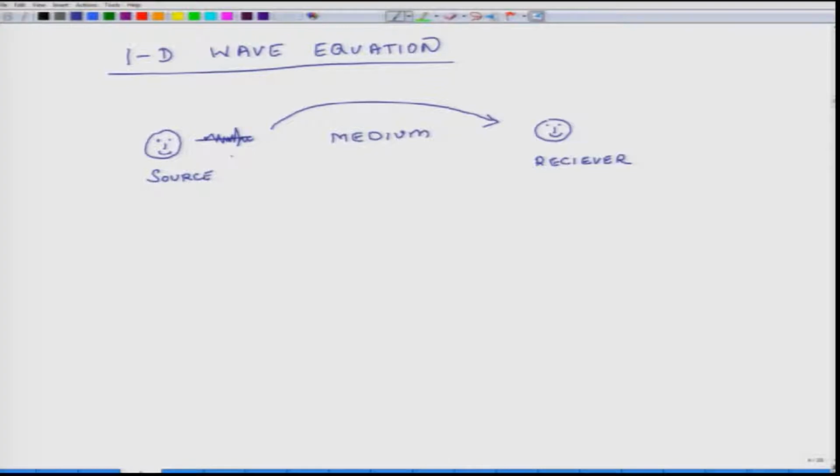So, what we are interested in figuring out is how does sound or these pressure fluctuations get transmitted from point A, which is the source, to point B, which is the receiver. This is what we are interested in figuring out, and this we can do when we talk about the 1D wave equation.